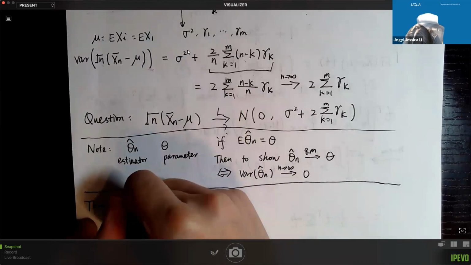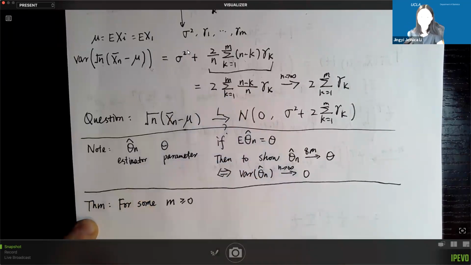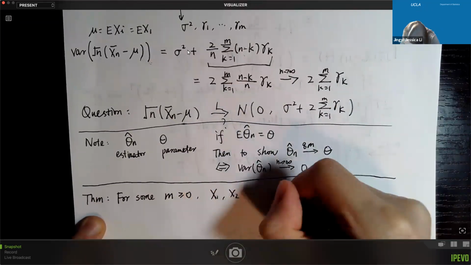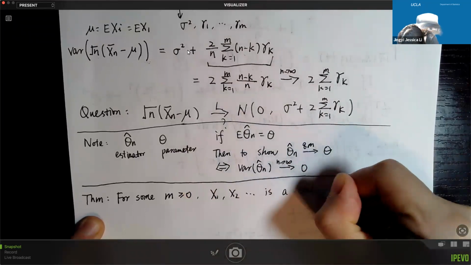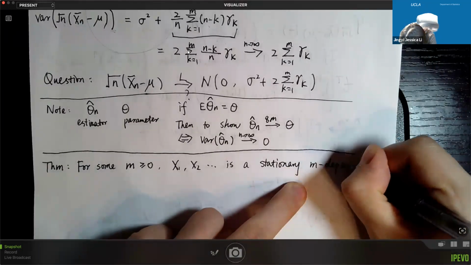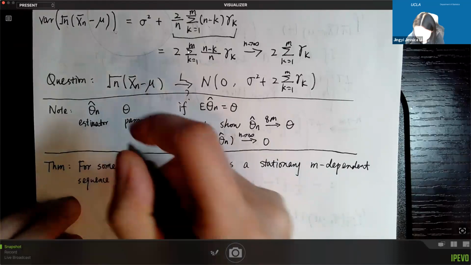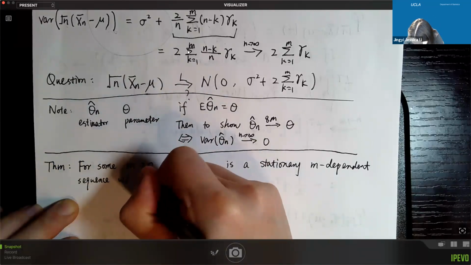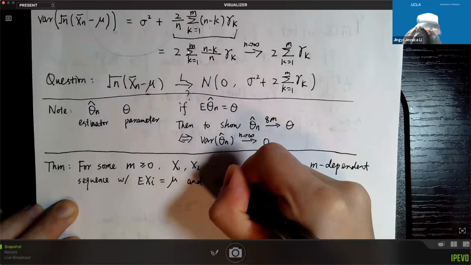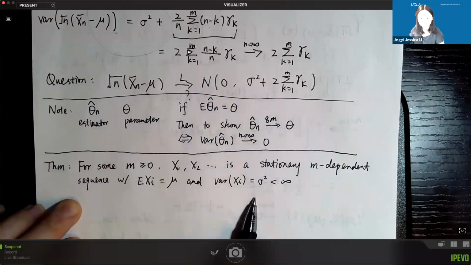For some M greater or equal than 0, you can consider M to be fixed, and we have X1, X2, and so on is a stationary M dependent sequence with expectation of each Xi equal to mu and variance of each Xi being constant and finite. The same condition we need for the central limit theorem.